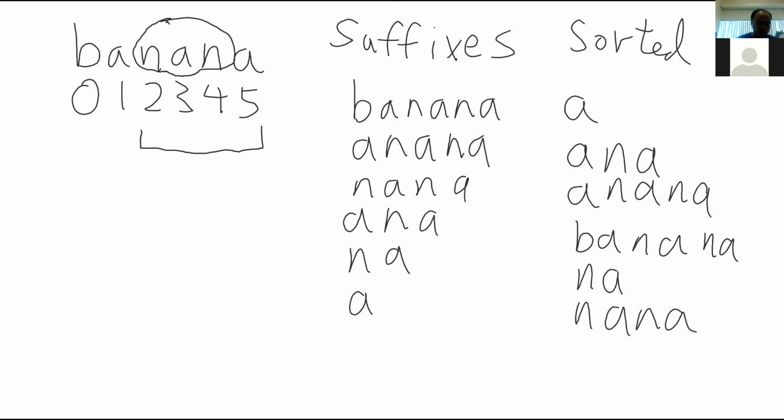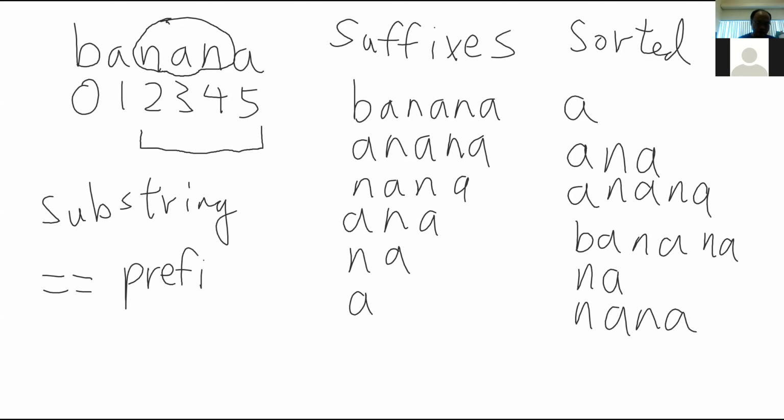So a substring that you're trying to look for is the same as some prefix of a suffix. And if you look over here in our suffix array, it is right here. It's always going to be in the first part of some element in the suffix array. All right.